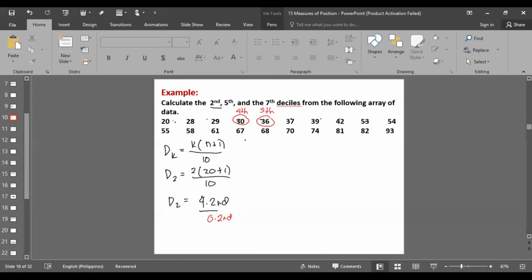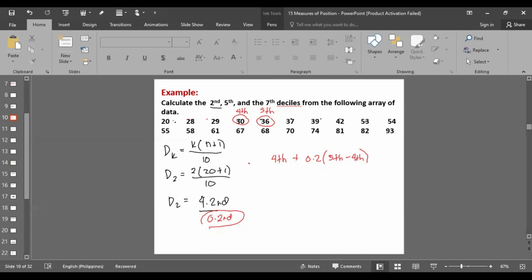How are we going to know the 2nd decile here? Here's the computation. We're going to add the 4th score to 0.2, multiply it by the difference between the 5th and the 4th score.